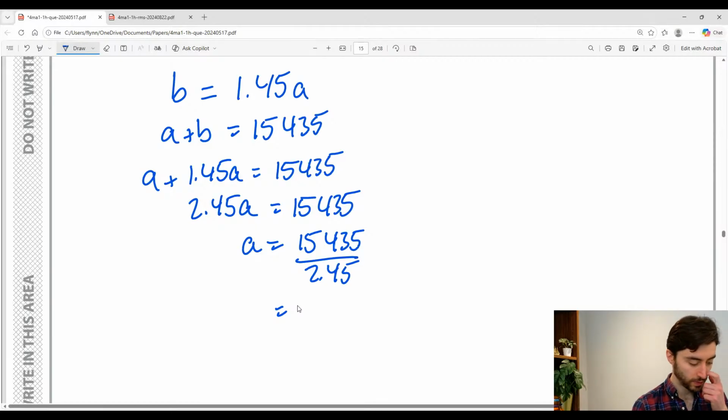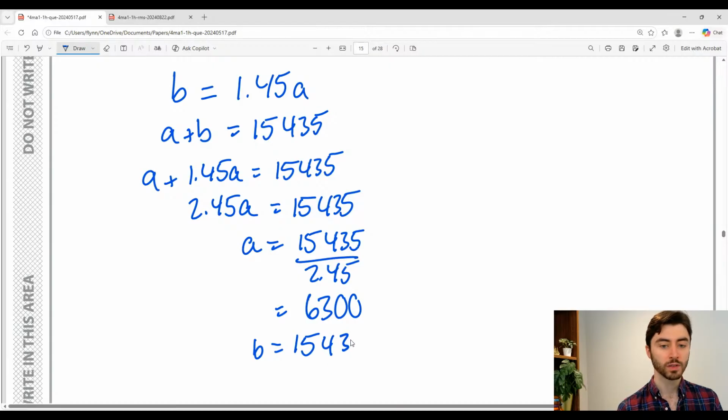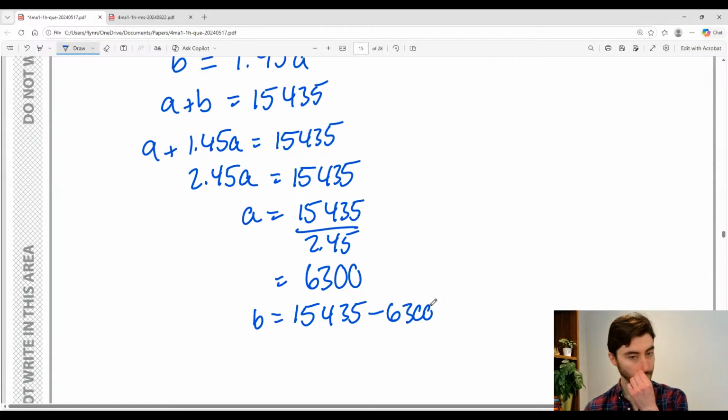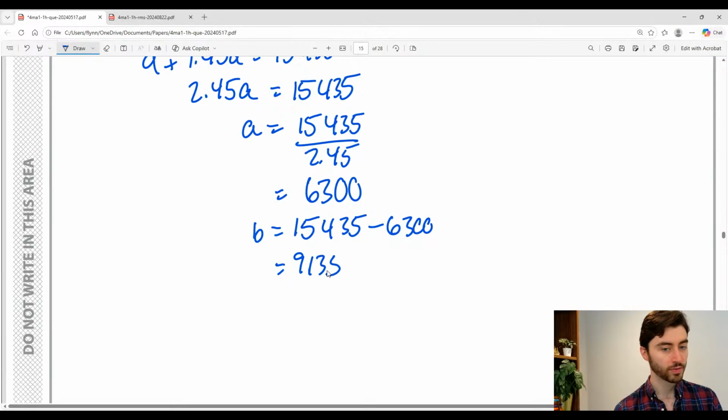And so I will do 15,435 divided by 2.45 gets me that A is equal to 6,300. And B is equal to 15,435 minus 6,300, which I can run in my calculator. 15,435 minus 6,300 is equal to 9,135.